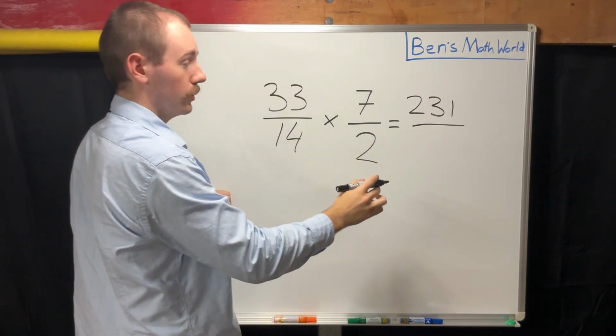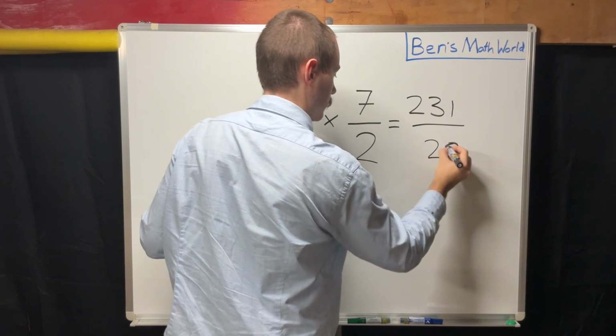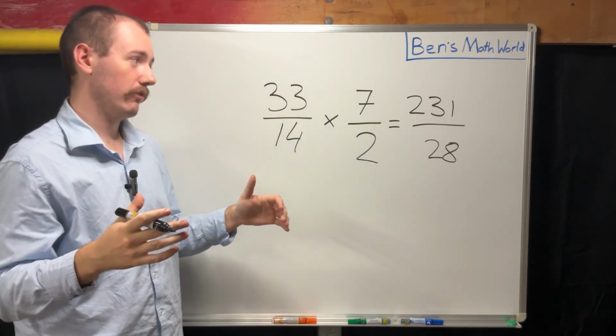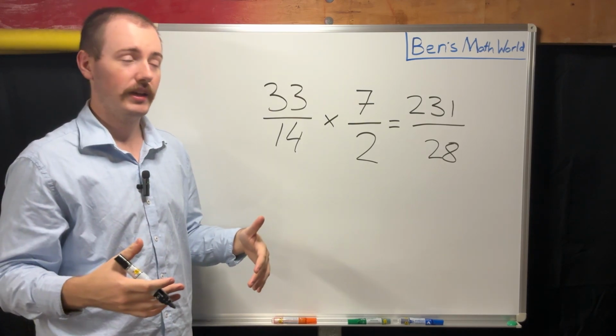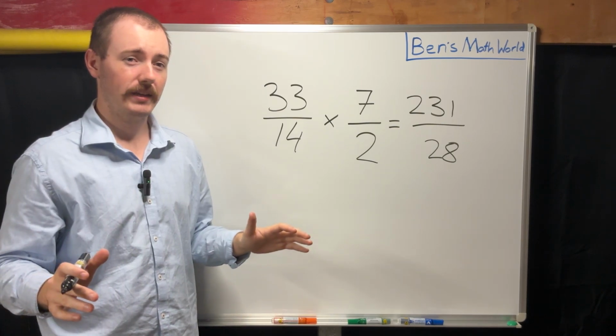And 14 times 2 is 28. Now in this case, I wouldn't expect you to be able to figure out if there are any simplifications of this fraction, so don't worry about it here.